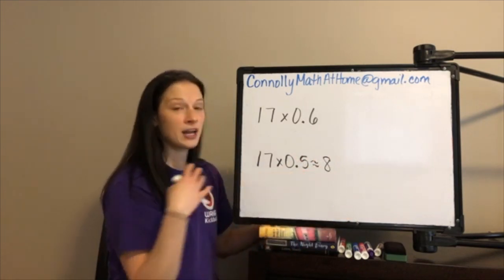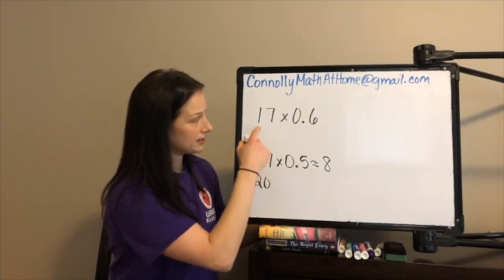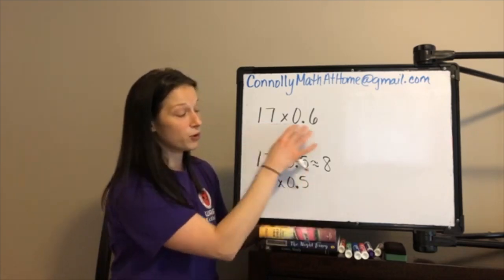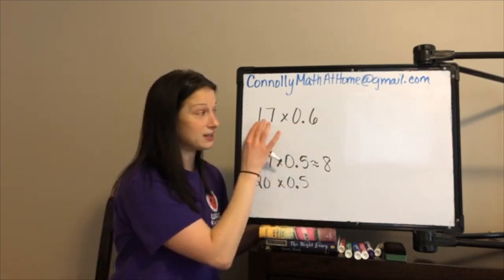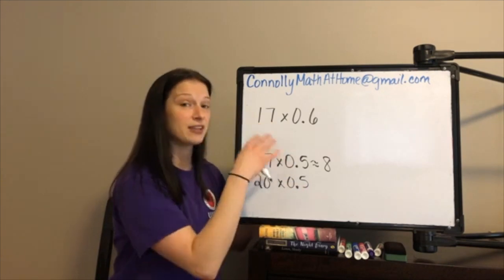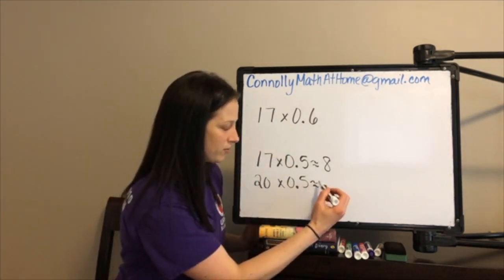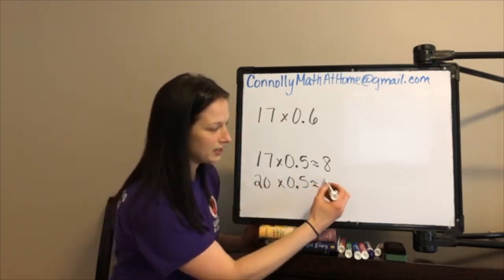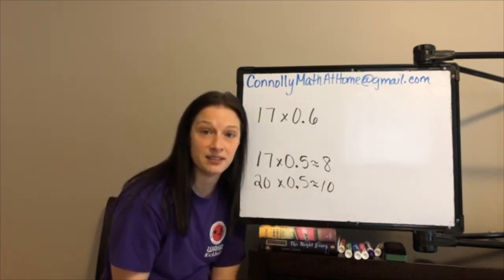Another thing that you could think about would be thinking about 20. So I rounded both numbers. And as you know, I rounded 17 up, so when I get my final answer, I have to make up for that. So when I think about 20 groups of 5/10, that's something we can do, or we can think of half of 20. Those are just two different ways to estimate.